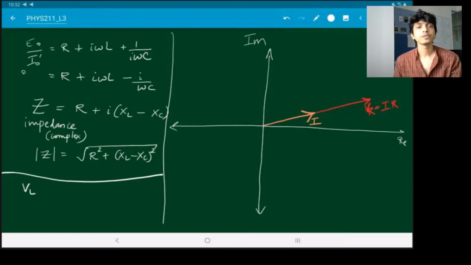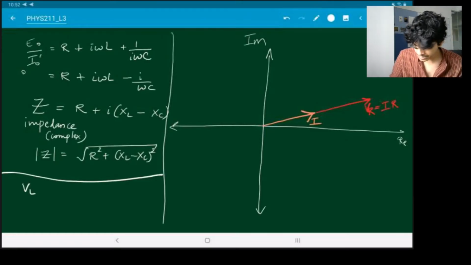Now the advantage of using these quantities, inductive reactance and capacitive reactance, XL and XC, is that now you can treat them like regular resistors. So you can just say that the voltage across it is just I times XL or I times XC.